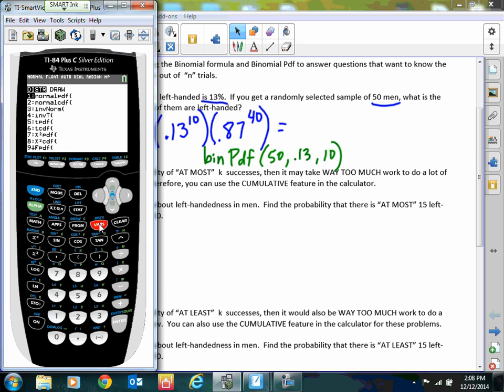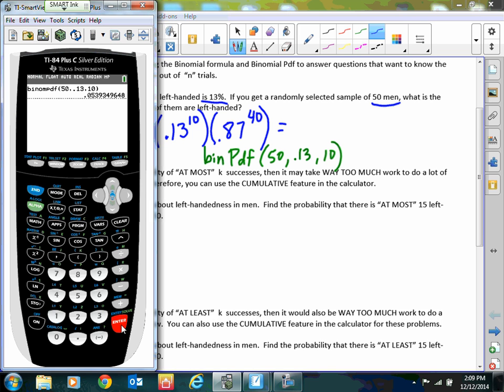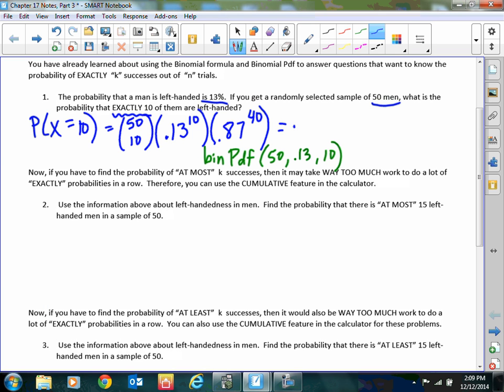Second bars, binomial PDF, 50, comma, 0.13, comma, 10. I want 10 of those sprinkled throughout. So that is your 0.0539, and let's translate that. That means that we've got 5.39%.